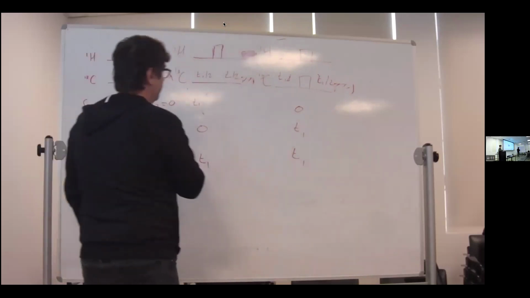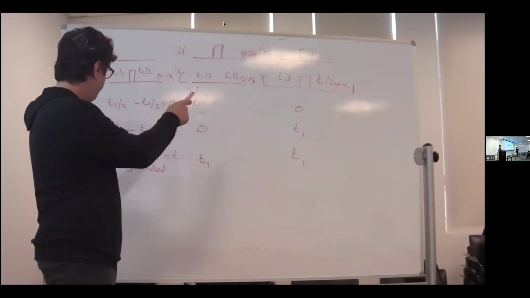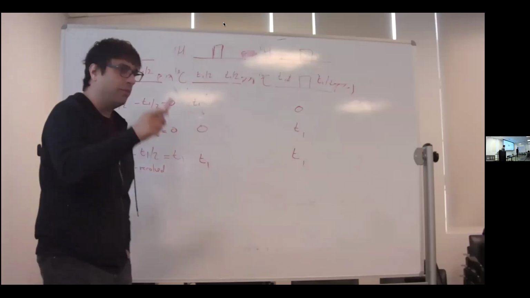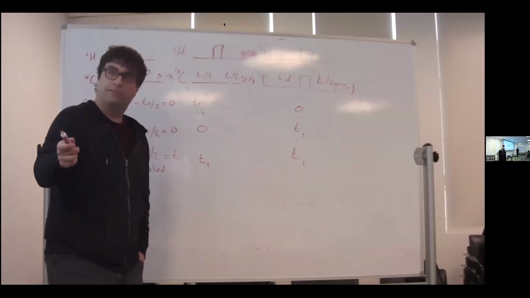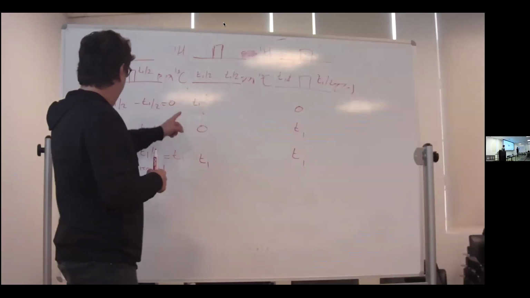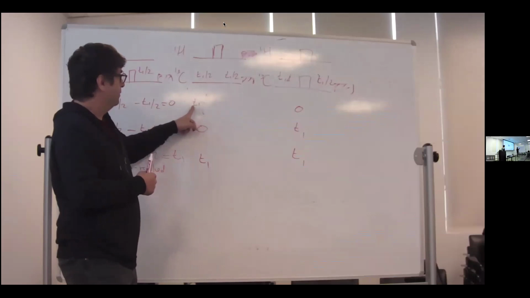So which experiment would you do? Which experiment do you use? Because I want chemical shift, and I want CH coupling. This one. Yeah, we need the chemical shift, right? So I need chemical shift.